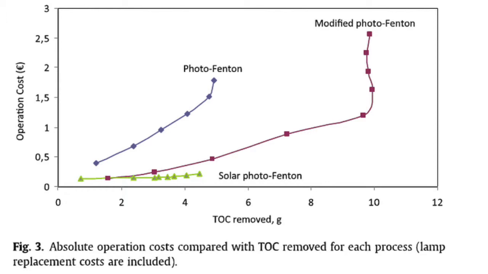There's an initial decrease for low mineralization degrees, followed by a stable period, which is related to the most economically profitable conditions, and finally, a later period where costs increase sharply when TOC removal is higher than 75 to 80%.